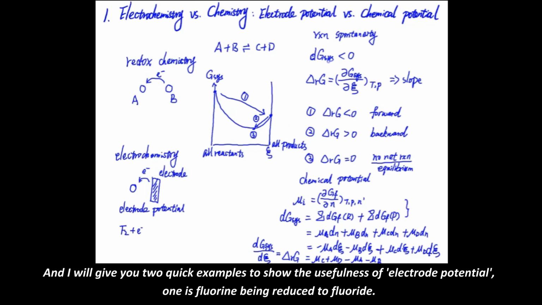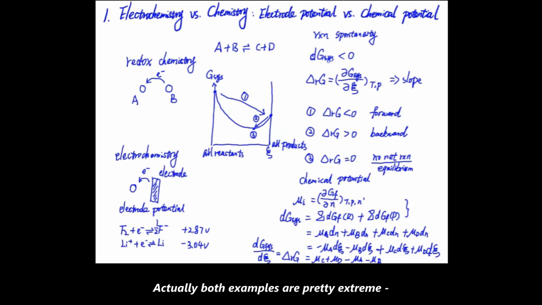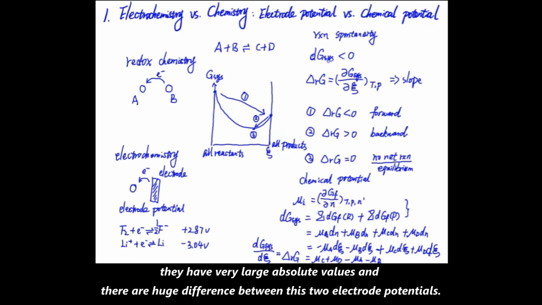One is fluorine is reduced to fluoride, and the other is lithium ion reduced to lithium metal, and the electrode potential is 2.87 volt and minus 3.04 volt. Actually, both examples are pretty extreme. They have very large absolute values, and there's a huge difference between these two electrode potentials.